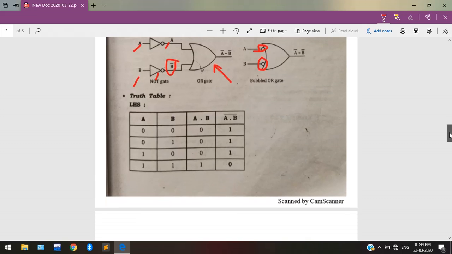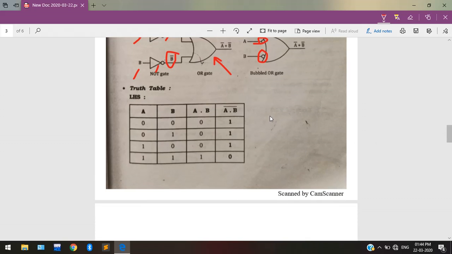Now you see the truth table. On the LHS side, first of all, the output is A dot B whole bar. So first you have to take A as the first variable, B as the second variable, and the product of those two is A dot B, and finally A dot B whole bar.